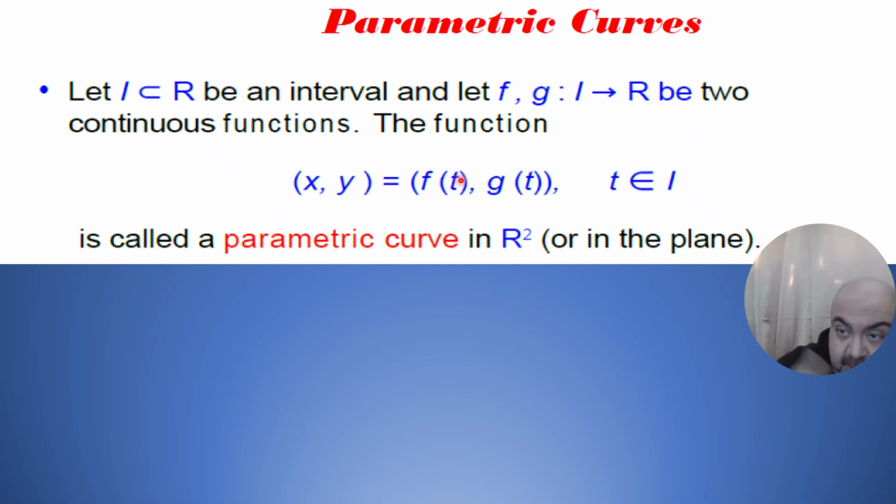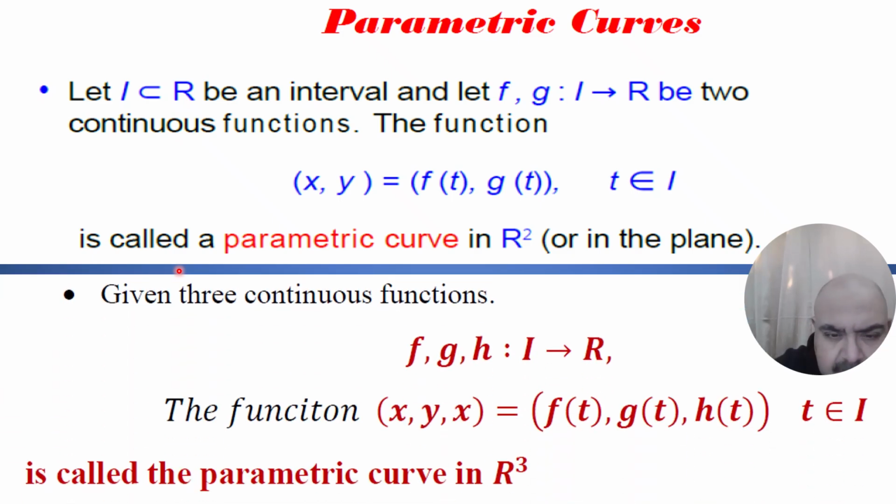Another thing to keep in mind: the circle that we were talking about, x squared plus y squared equal to 4, can be written as a relation between x, y, and the t value as 2 cosine t and 2 sine t. Those are the corresponding values for x and y. And this is how we get a parametric curve in R2, or in the plane, as you can see.